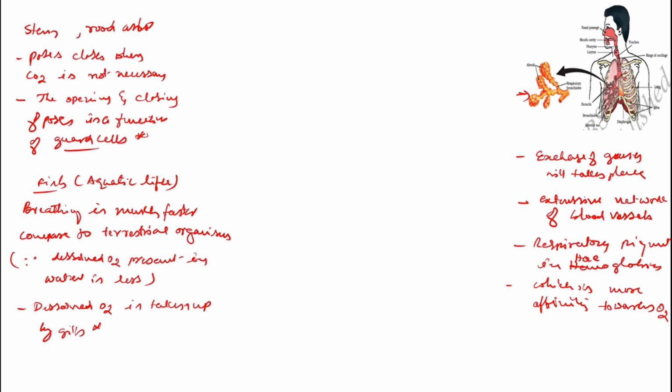Now what reaction takes place here, that we will see. See, glucose undergoes glycolysis, which takes place in the cytoplasm. You will get pyruvate. Glucose is a 6 carbon molecule, pyruvate is a 3 carbon molecule.